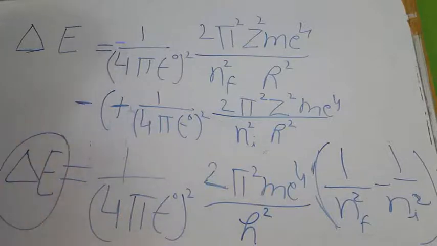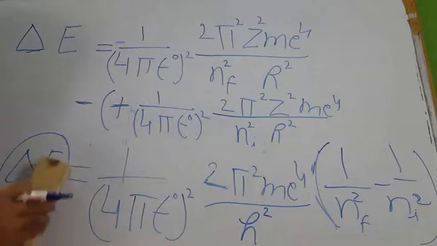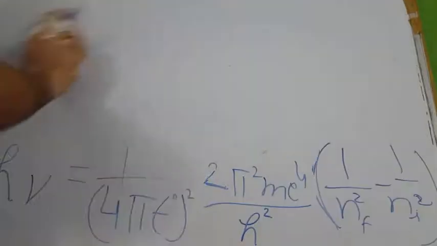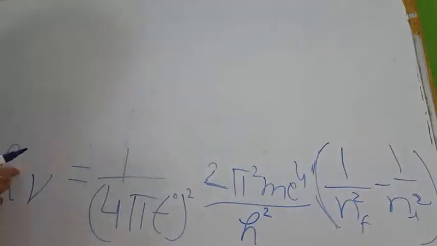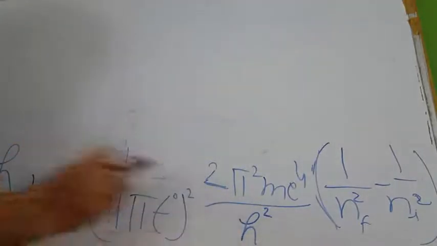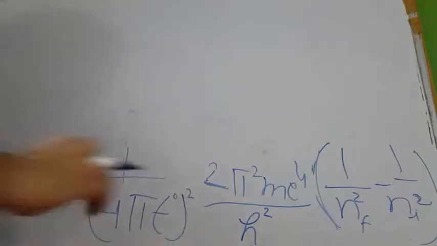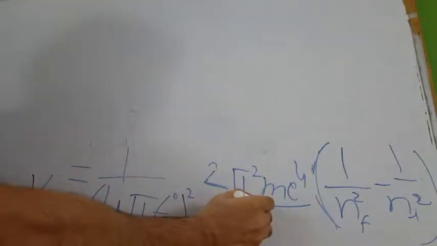This delta E is emitted in a single photon, which means this is h nu. Let us further simplify that. If h goes this side, it would remain nu, and it is h cube.